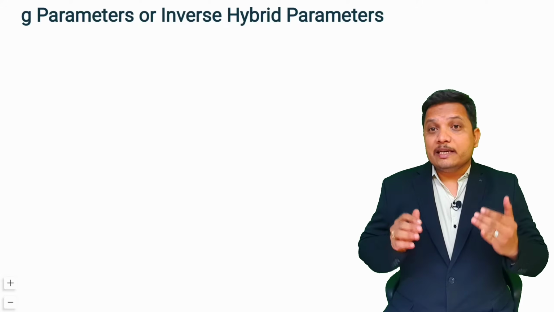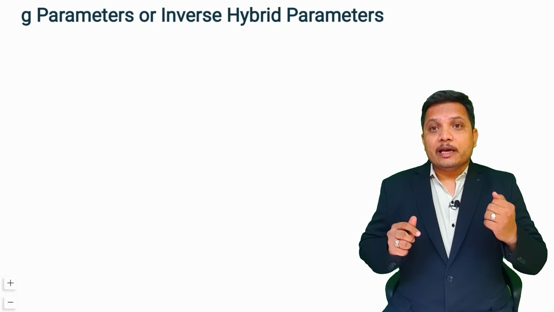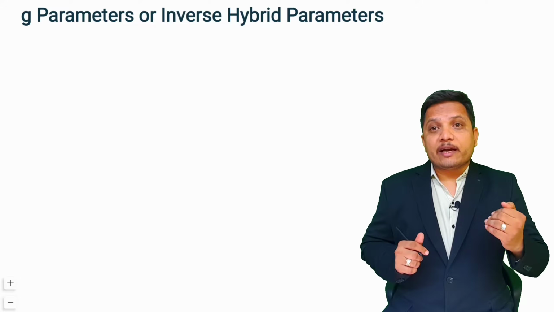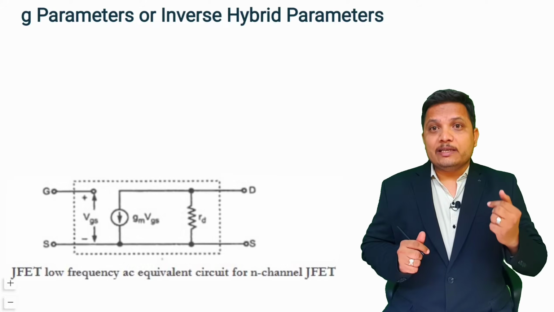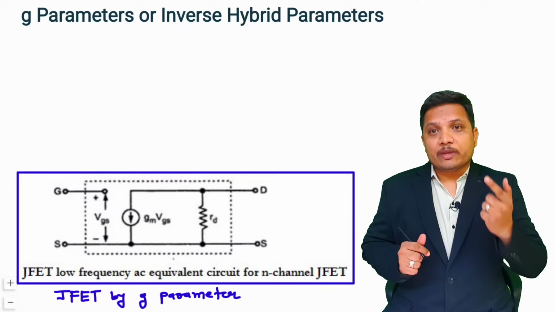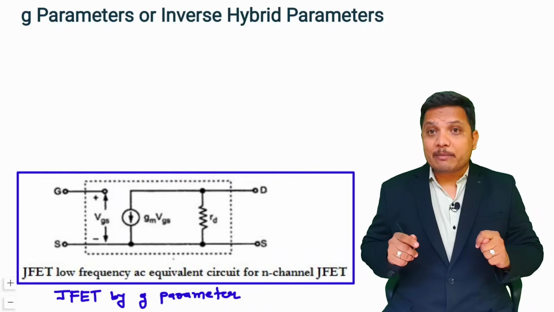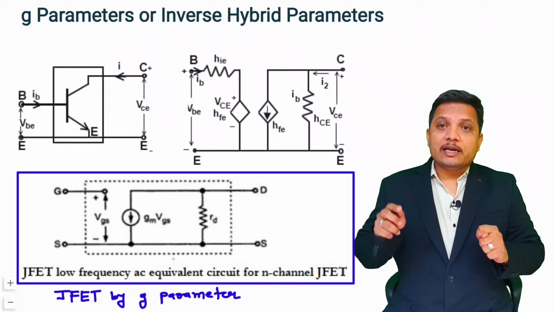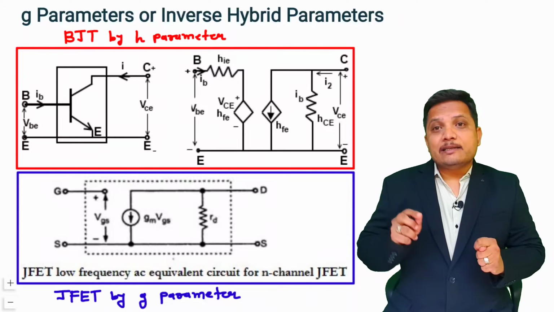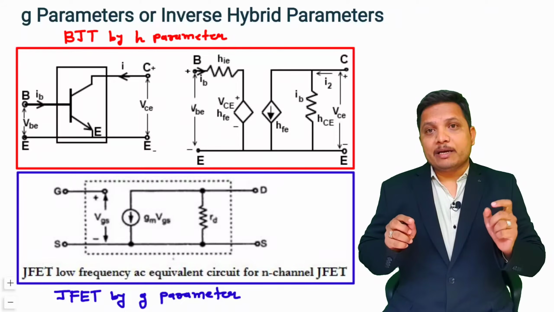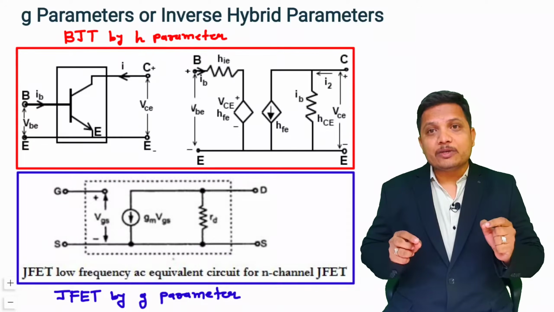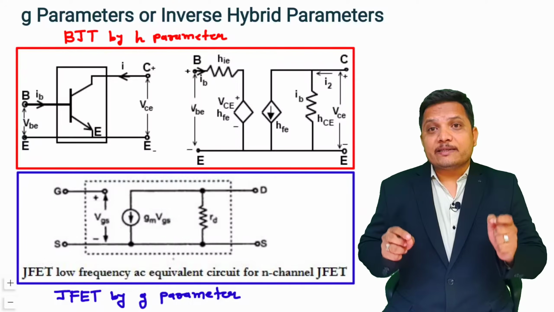The G parameter is used in the junction field effect transistor. So in a JFET you will be using the G parameter. The H parameter is used in transistor modeling, but the G parameter is used in JFET modeling.